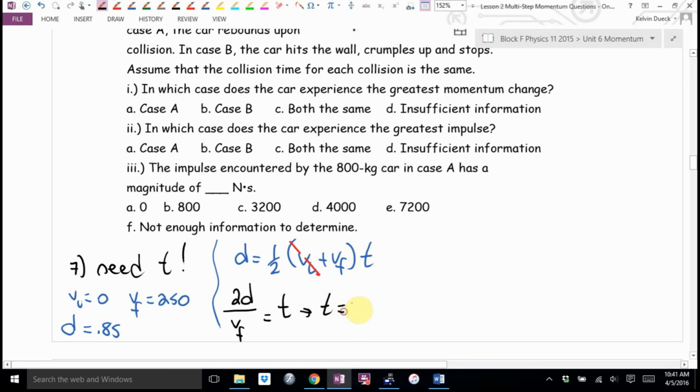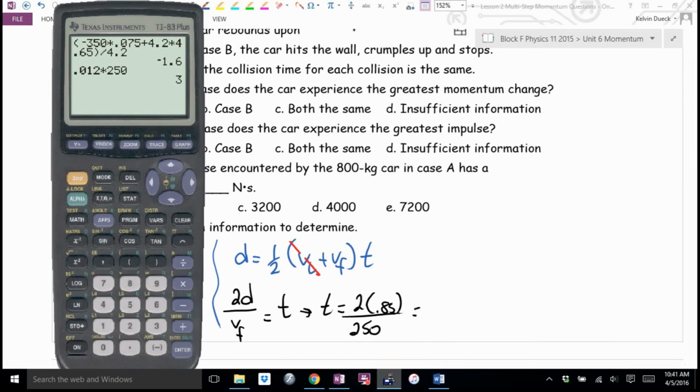Apparently T is going to be 2 times 0.85 divided by 250. 2 times 0.85 divided by 250. No, wait a minute. I'm going to say that seems really small.